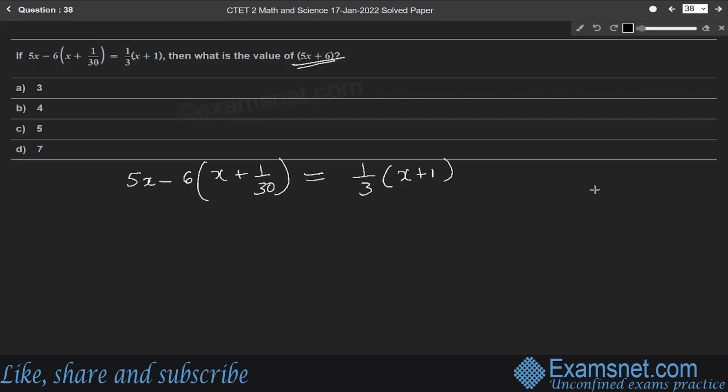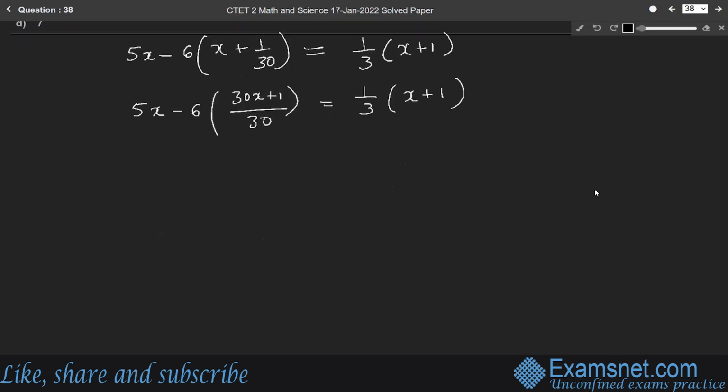So let us simplify it. 5x minus 6 into, so the LCM is 30. So 30x plus 1 is equal to 1 by 3 into x plus 1, which is equal to 5x minus 6 into 5.